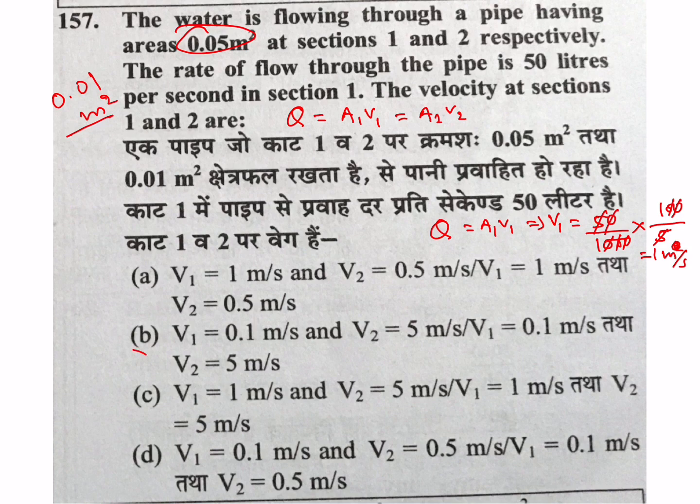So option B is not possible, and D also not possible. Then again Q equal to A2 V2, V2 equal to 50 by 1000 divided by A2, which is 0.01 or 1 by 100.